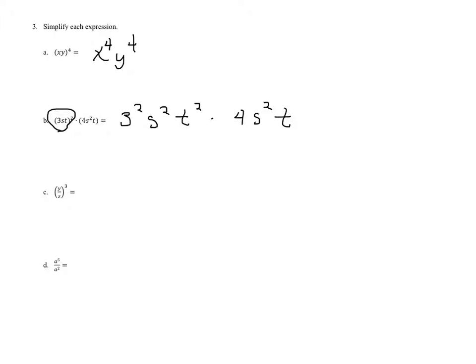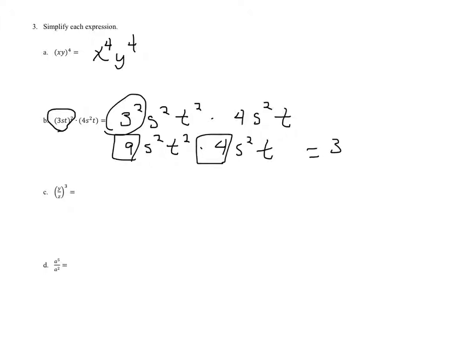Now we're back to where we started. Well, 3 to the 2nd is 9, so let's simplify that first before we go simplifying the rest. Well, 9 times 4 is 36.